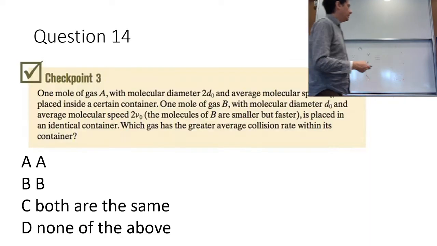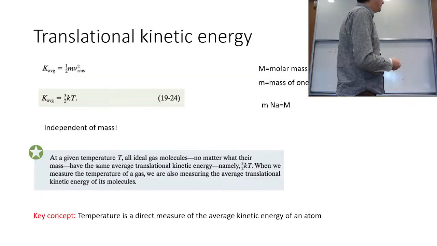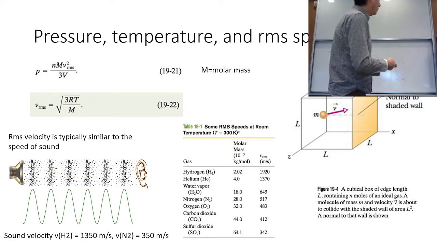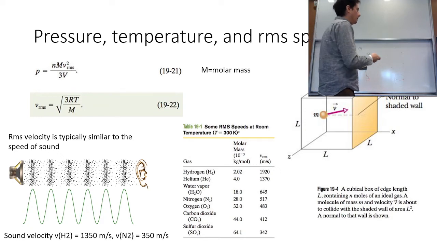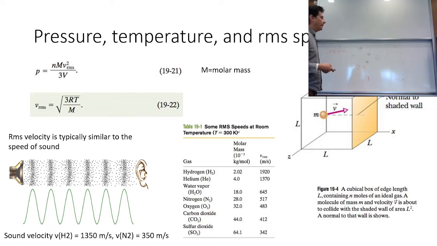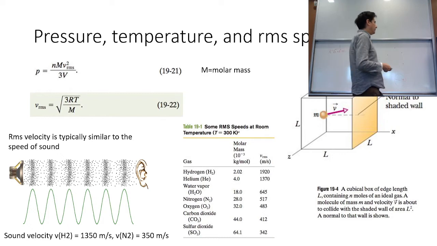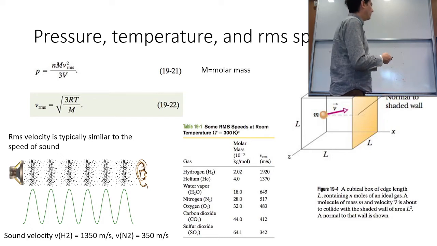A couple of slides ago we worked out this relation where this is the velocity of the atoms moving in a particular container. And then we could work out that the velocity itself is related to the temperature and also the molar mass.